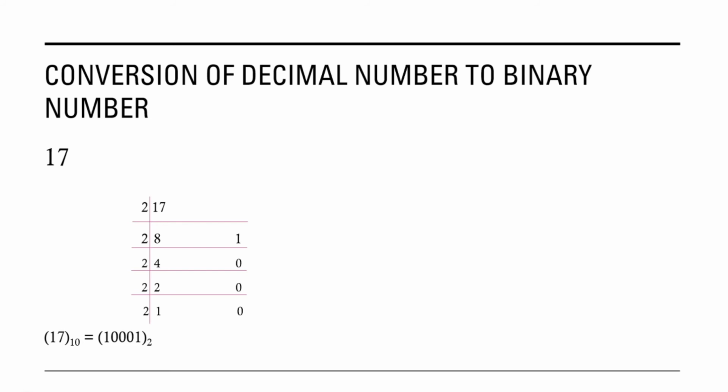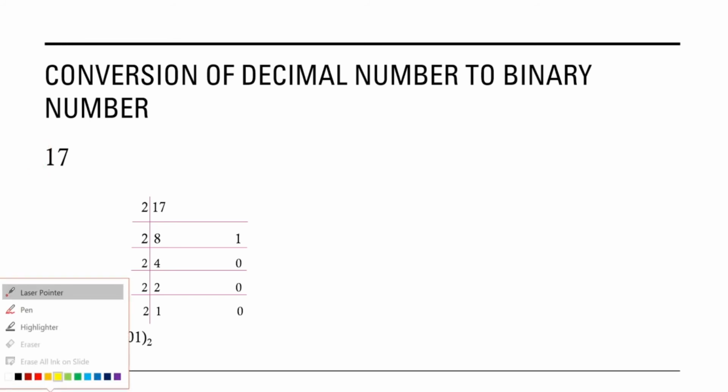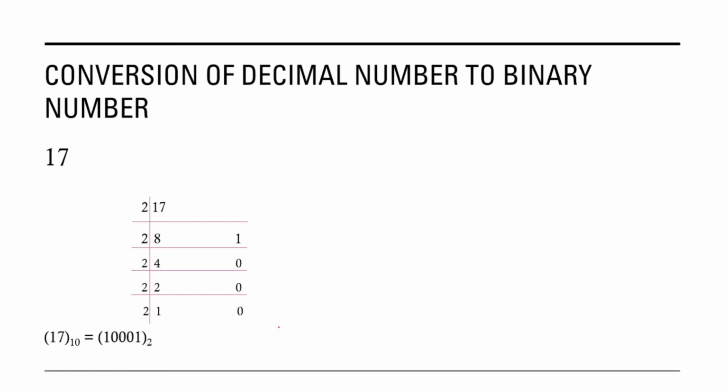Here I have taken an example of the number 17, which is to the base 10. If we convert this 17 into a binary number, I divide 17 by 2. The quotient is 8 and the remainder is 1.